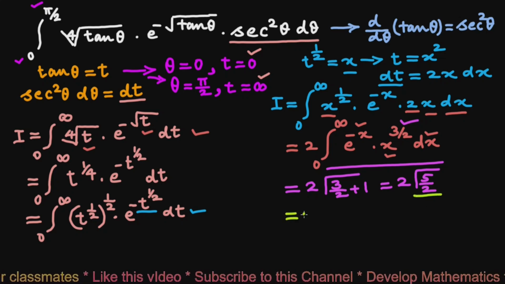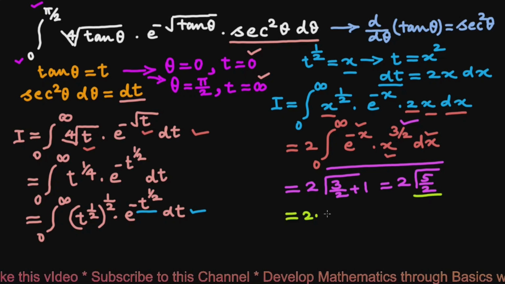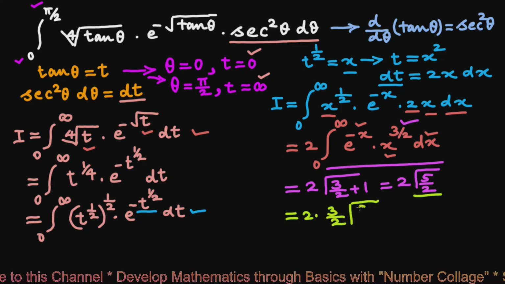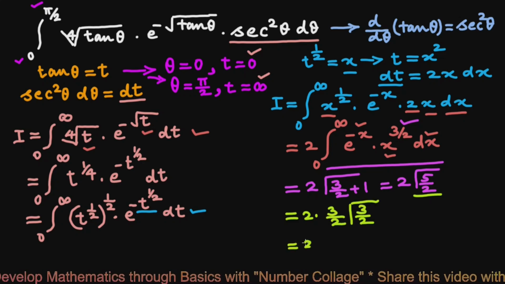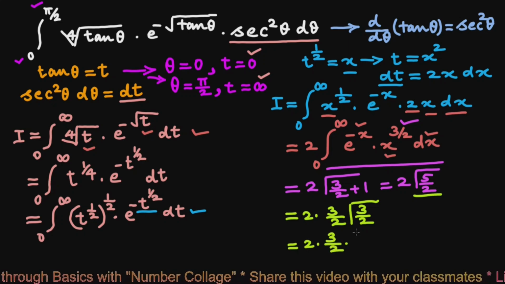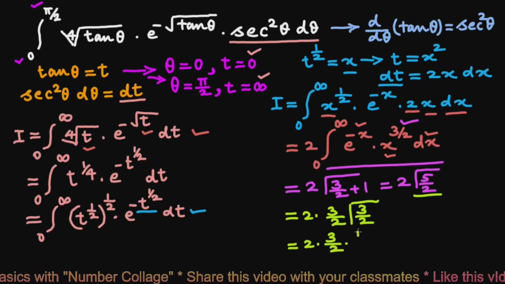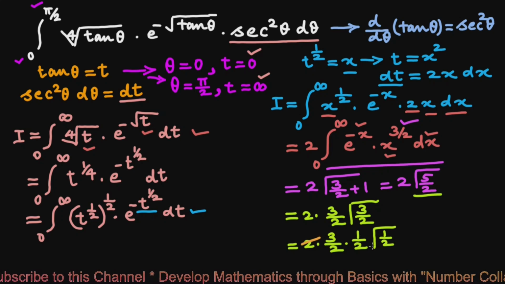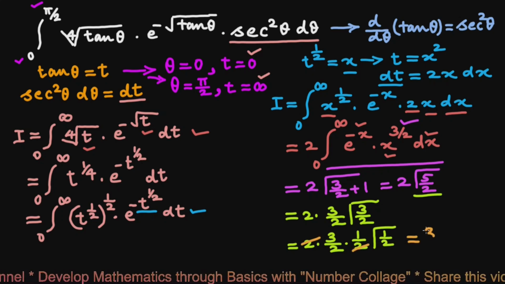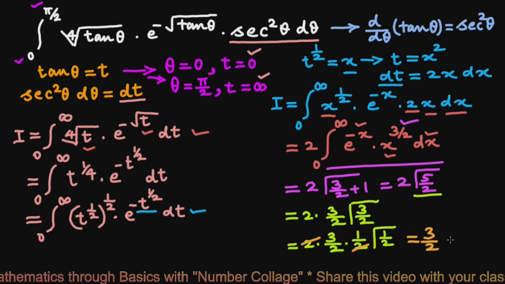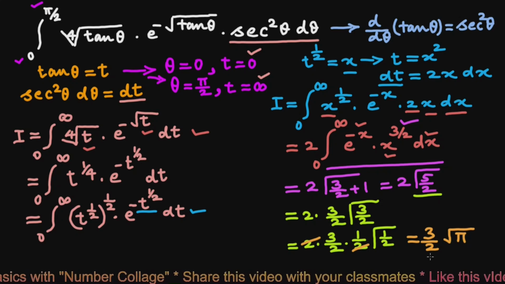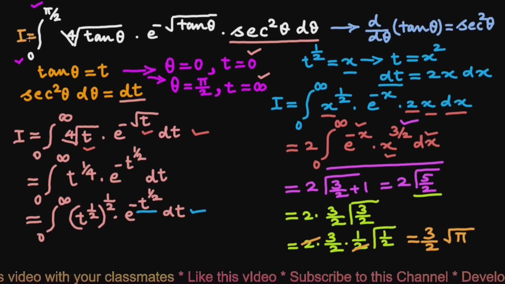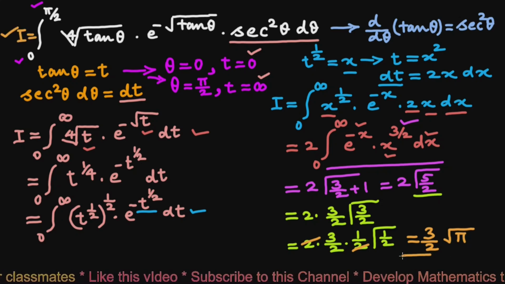That will give 2 into 5 by 2 minus 1, 3 by 2, gamma 3 by 2. That will be 2 into 3 by 2 into 3 by 2 minus 1 into gamma half. Cancelling these two, we get 3 by 2, and for gamma half we have square root of pi. So the value of this integral will be 3 by 2 root pi.